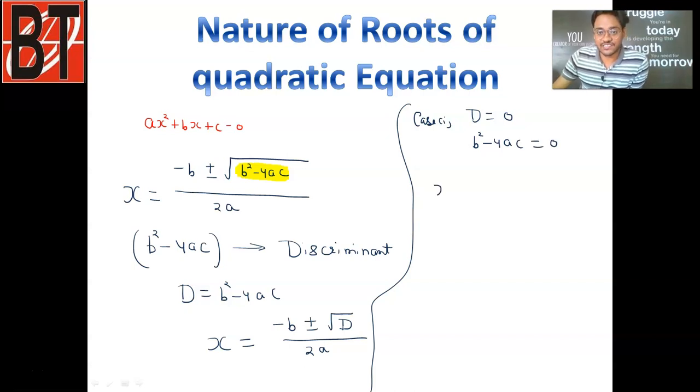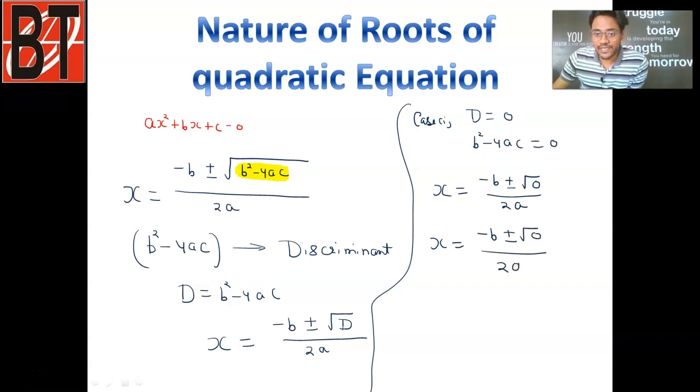The value of x will be minus b plus minus root 0 upon 2a. Now root 0 is 0, so let me write 0 here.